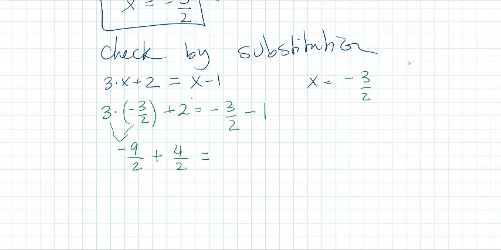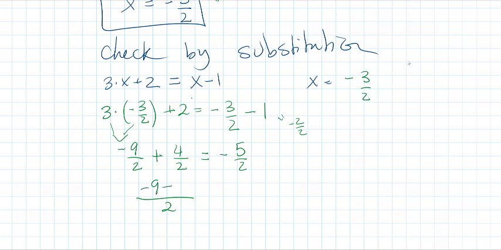On the right hand side, we have negative 3 halves minus 1, which is exactly minus 5 halves, right? Because the minus 1 is minus 2 halves. So I did that in one step. Now we can write a common denominator for this left-hand side.